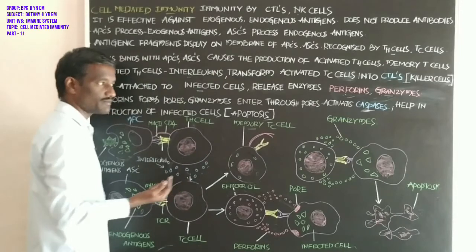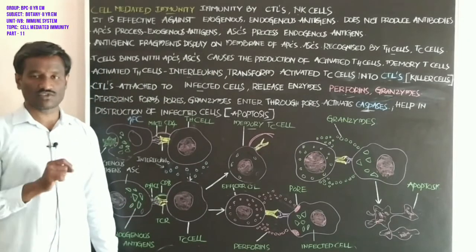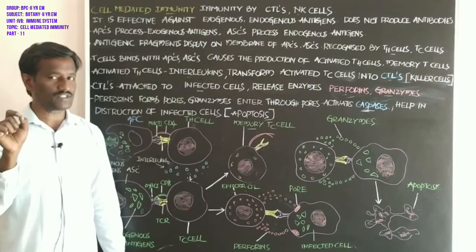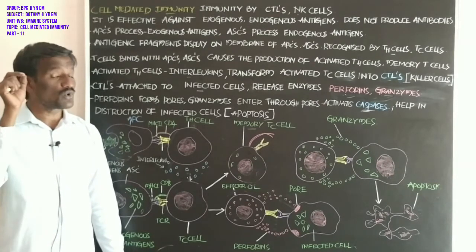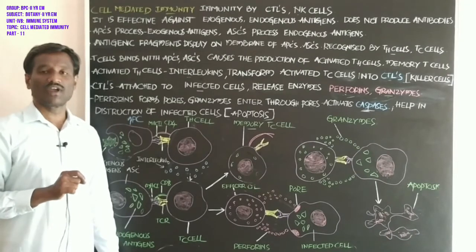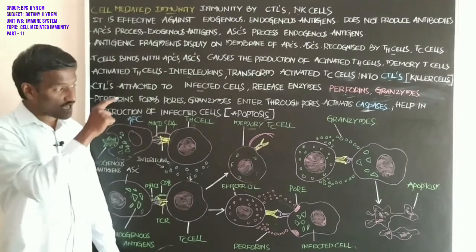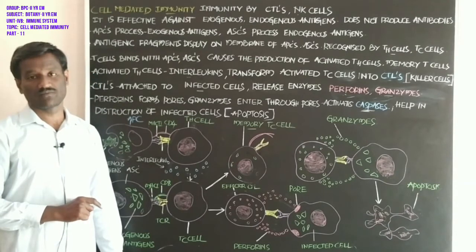What about the caspases? Caspases are enzymes, and this is a protease enzyme. Caspase is a protease enzyme that helps in the breakdown of the proteins present in the infected cell.